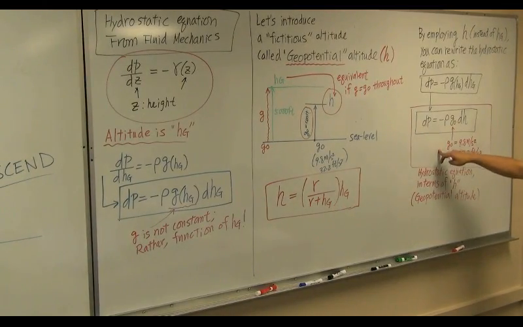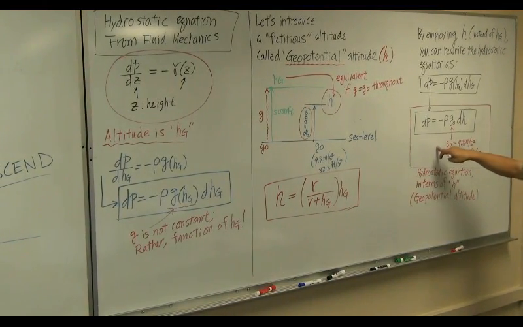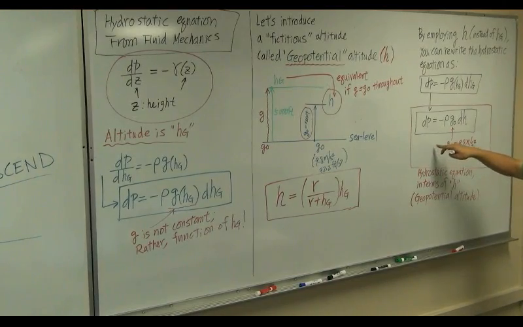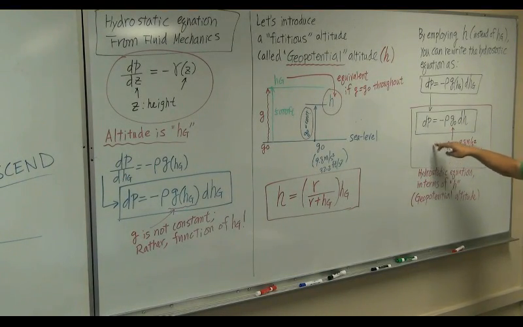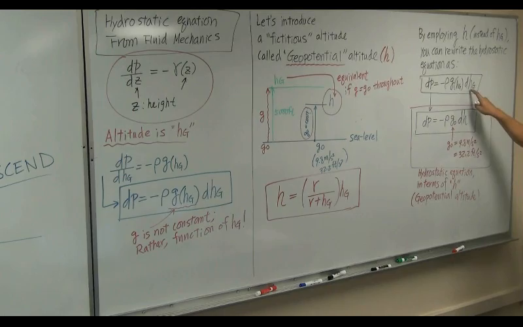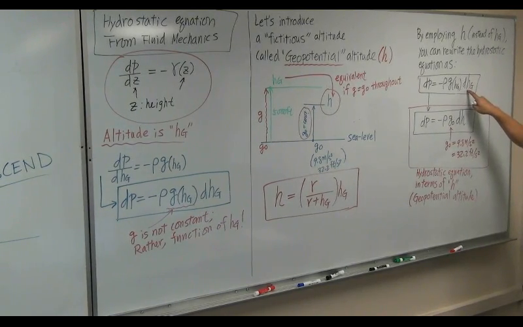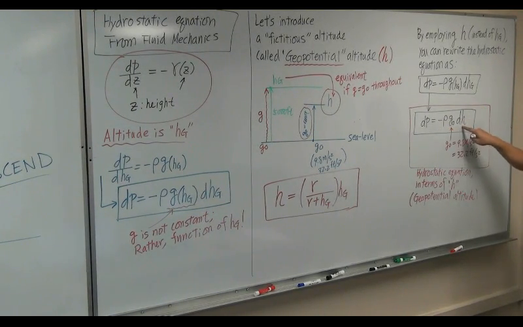So the very first thing in aerodynamics 1 model of standard atmospheric model is we are going to convert geometric altitude into geopotential altitude. That's the very first thing. Then use the geopotential altitude in your calculation.